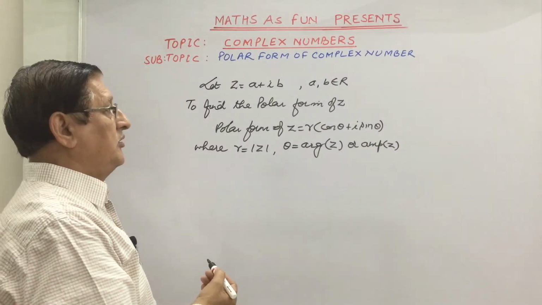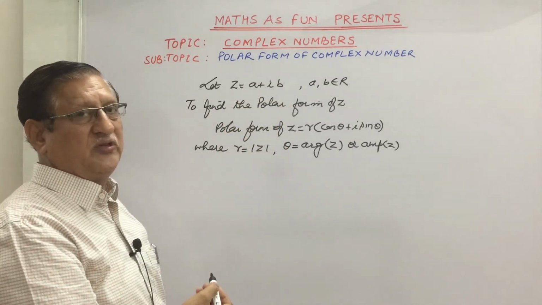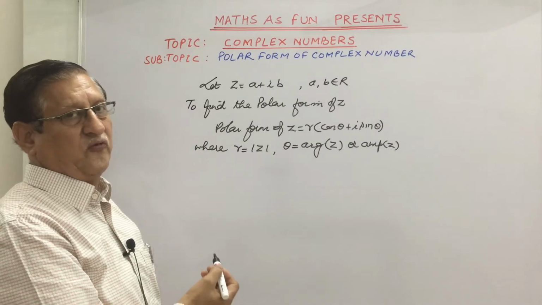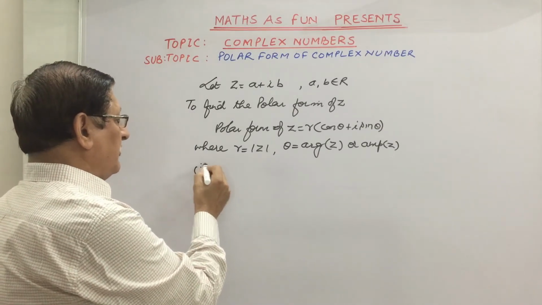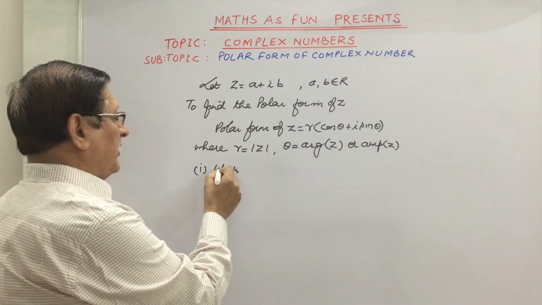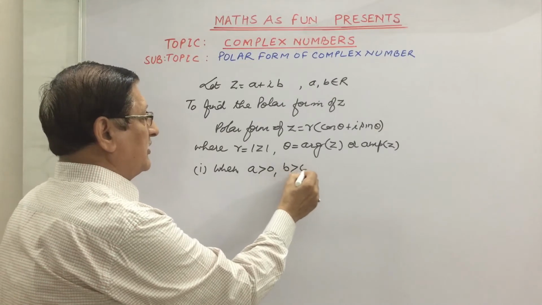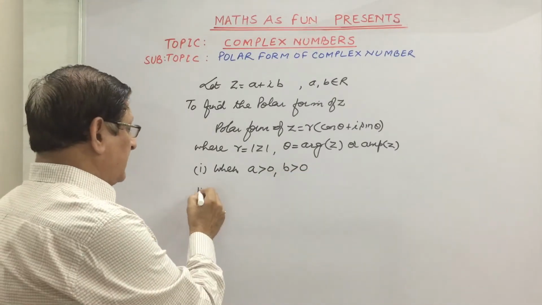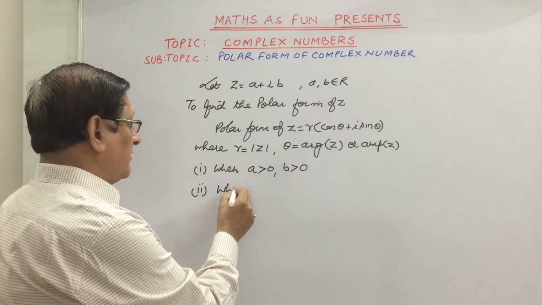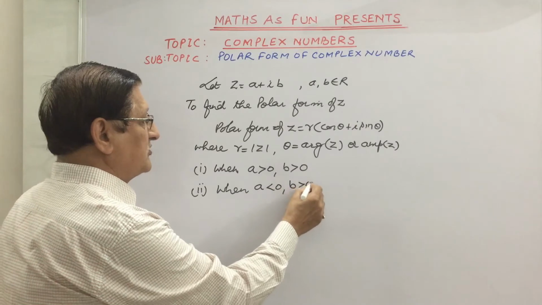Now, to find the polar form of any complex number, we can get the questions in four different forms. What are those forms? Number one may be when a is greater than 0 and b is also greater than 0. Second is when a is less than 0 and b is greater than 0.